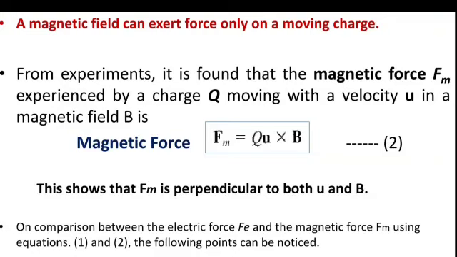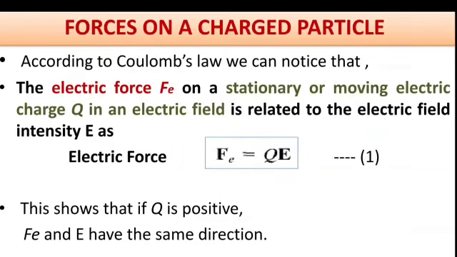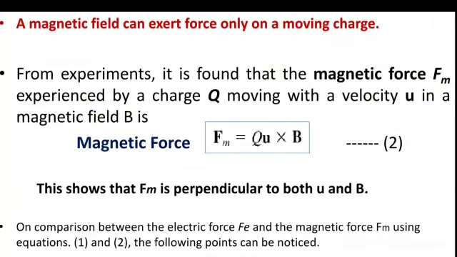From experiments, it is found that the magnetic force Fm experienced by a charge Q moving with a velocity u in a magnetic field B is given as follows. Similarly to equation 1, where electric force Fe is equal to QE, the magnetic force Fm on a charge moving with velocity u in a magnetic field B is Fm = Q u cross B. This is our second equation.